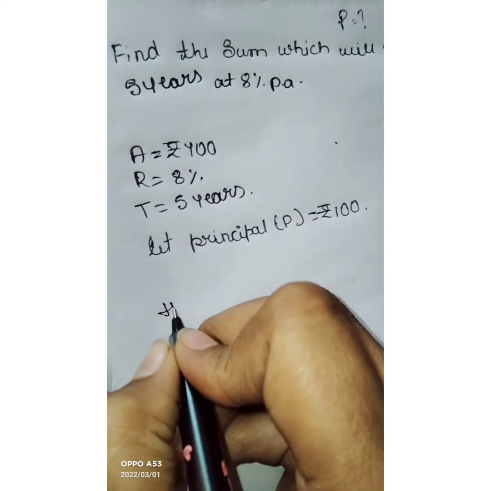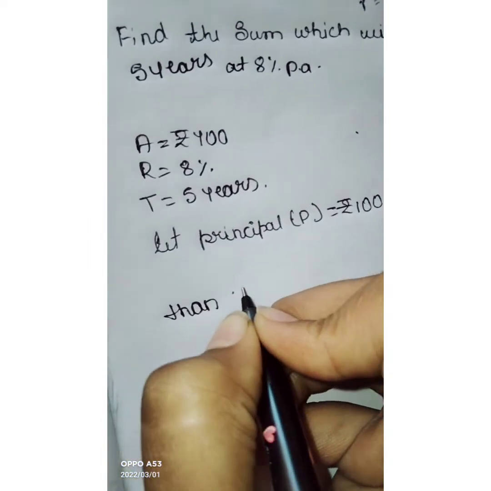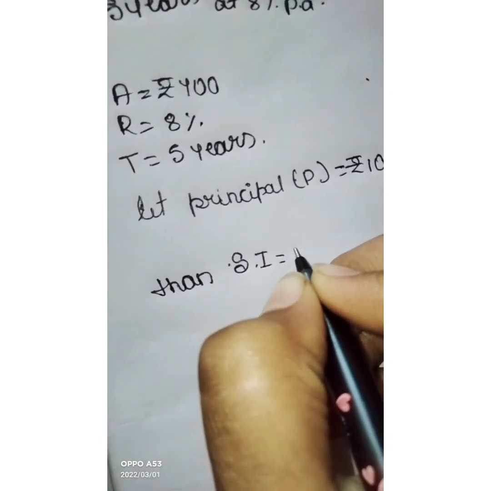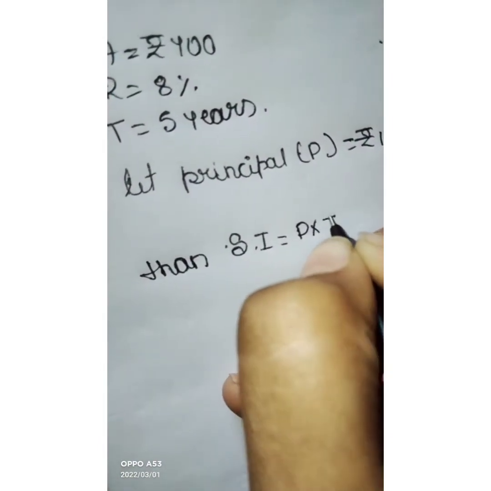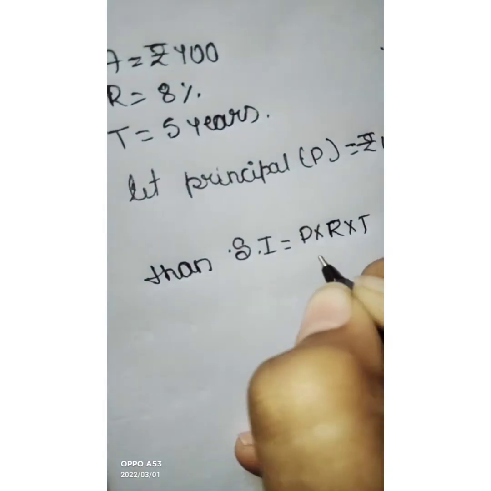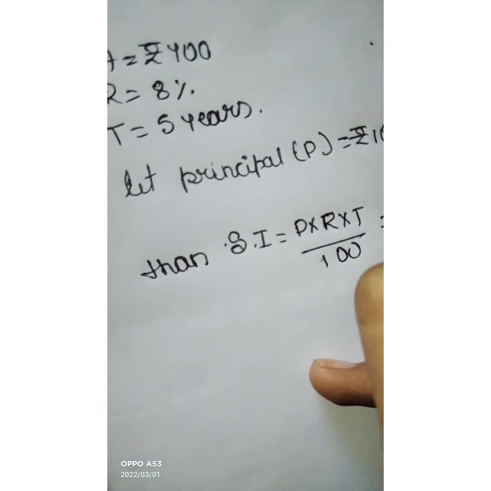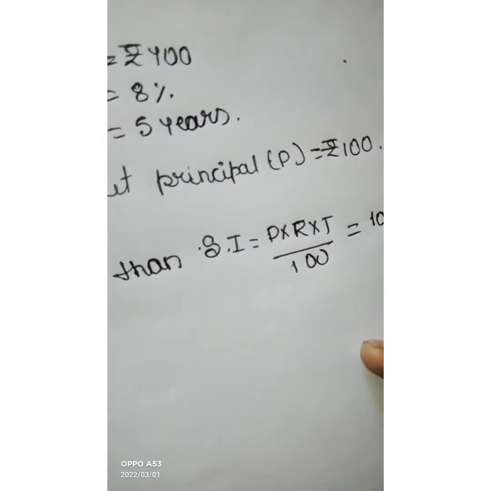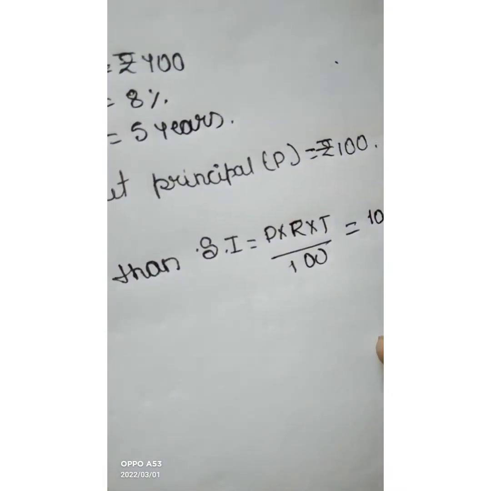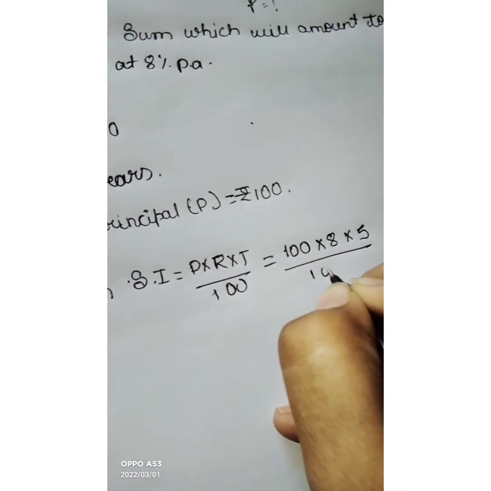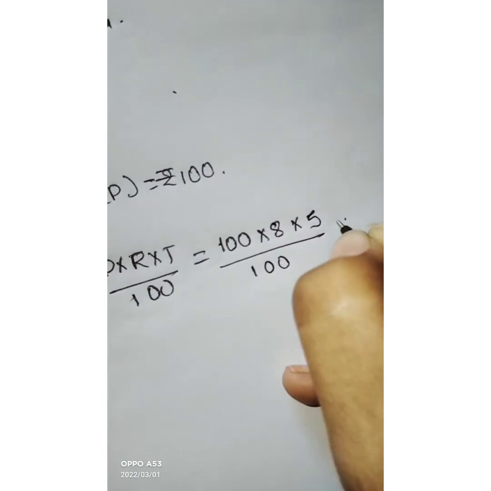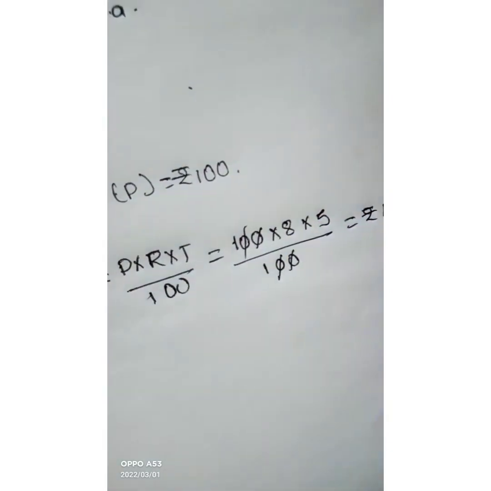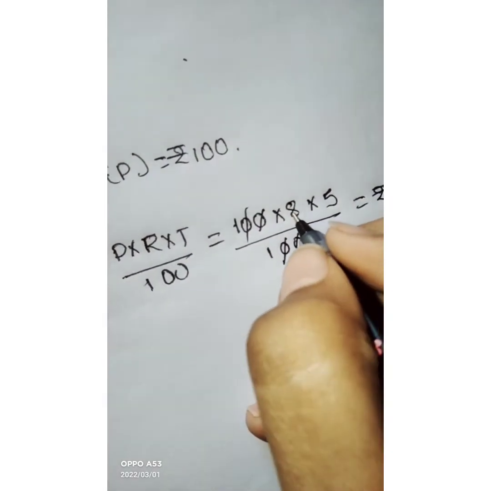So here then we have to write the SI formula. SI is equal to P into R into T by 100 is equal to, the principal is 100 and rate is 8% and time is 5 years by 100, is equal to 40. We will get 40. Why? Because 0 0 is cancelled. You have 8 5s are 40.